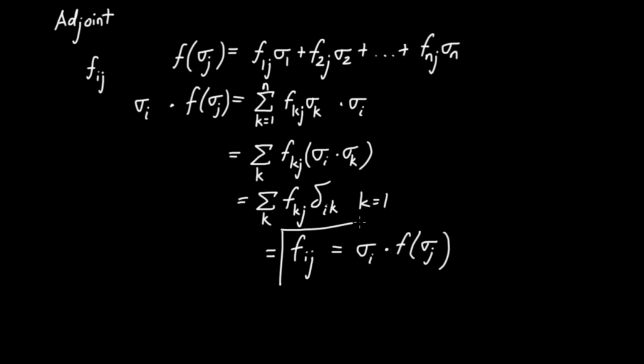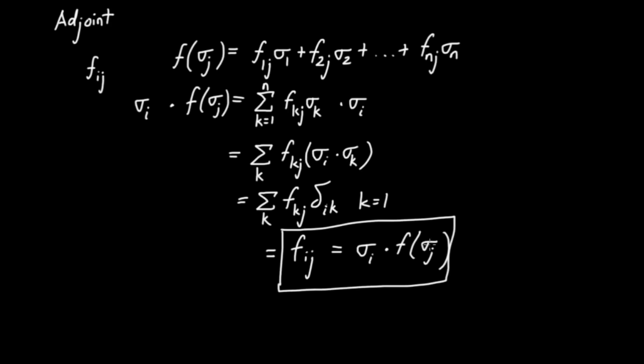So this is the expression for the matrix entry Fij in terms of a dot product between sigma i, which is one of the basis vectors in the orthonormal basis, and how f operates upon sigma j. But this should make total sense because, remember, we're thinking of Fij as having something to do with how f is operating upon, in the previous case it was e sub j, but here it's sigma j, and we want the ith component of this vector.